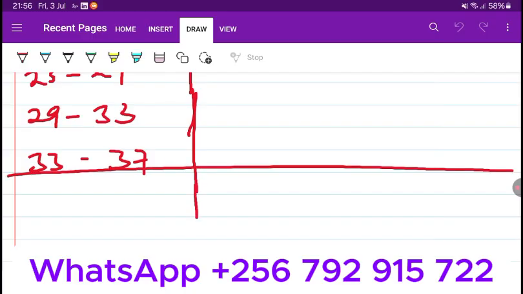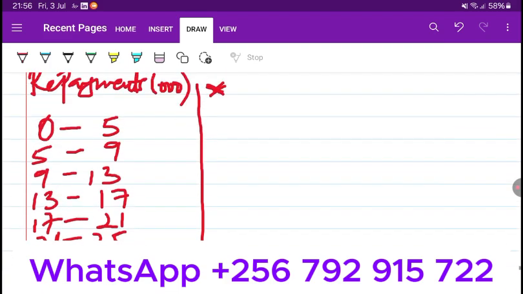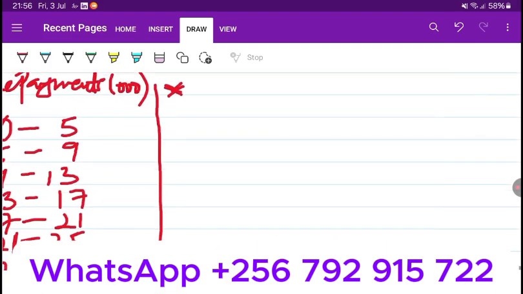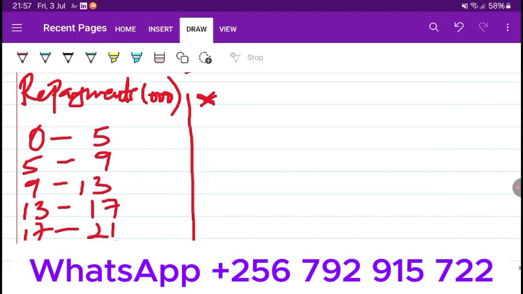So let's start by getting our midpoints. And we know that for us to get that x, our midpoint here, we add this plus this, we divide by 2.